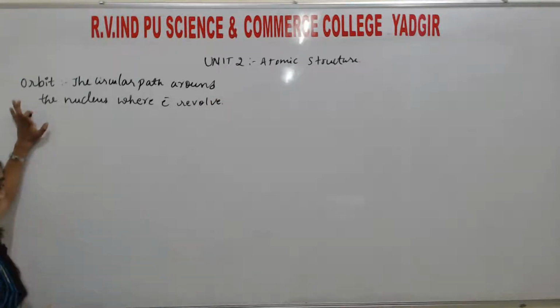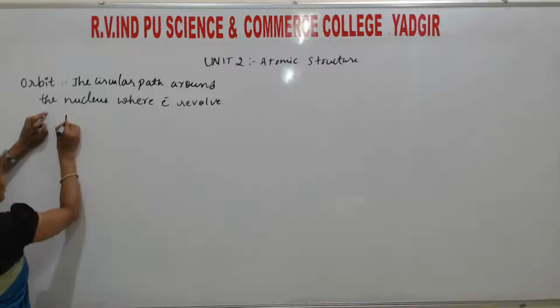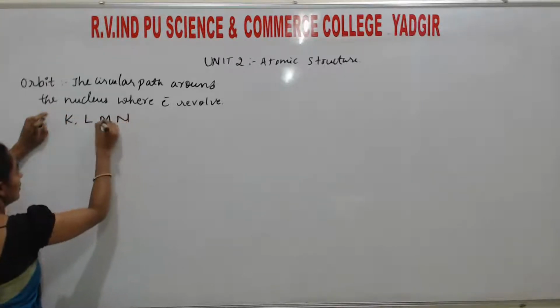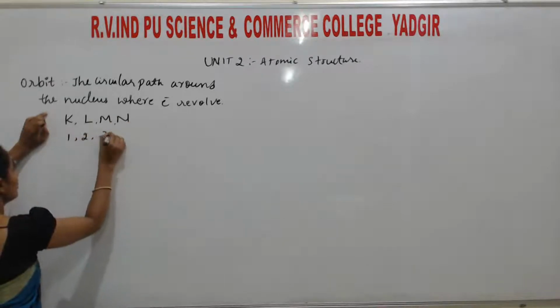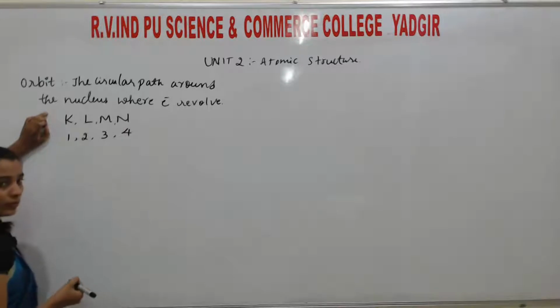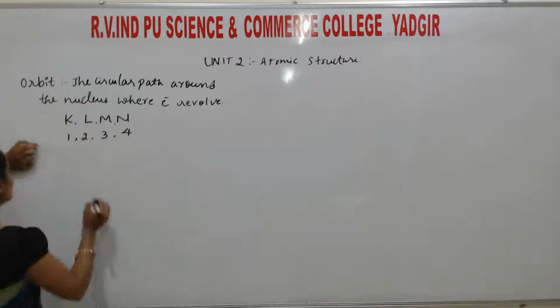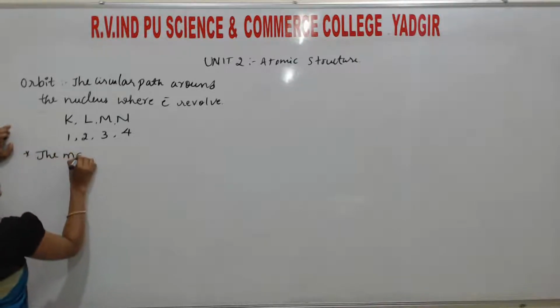It's called orbit. This orbit is represented by K, L, M, N, and the numbering is done by 1, 2, 3, 4. This shows different energy shells.